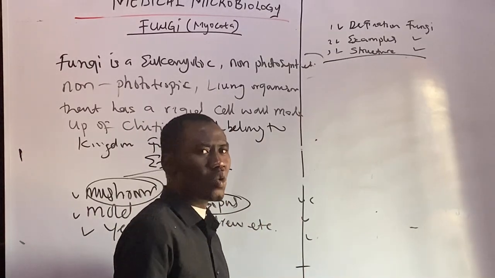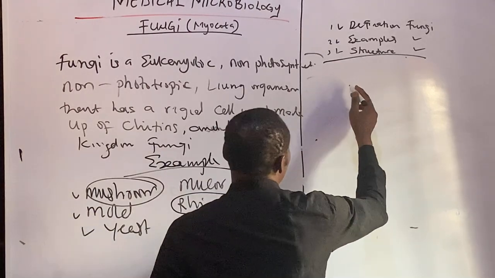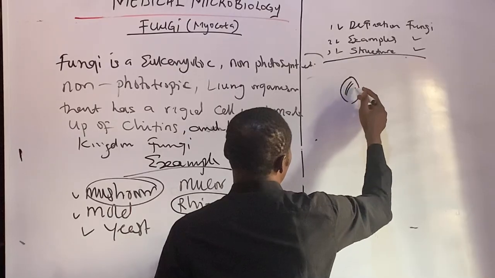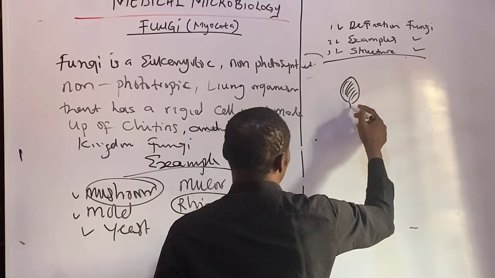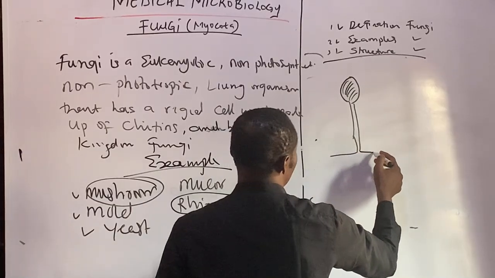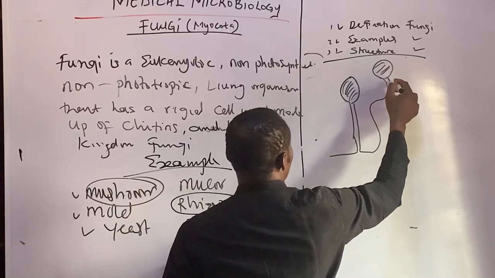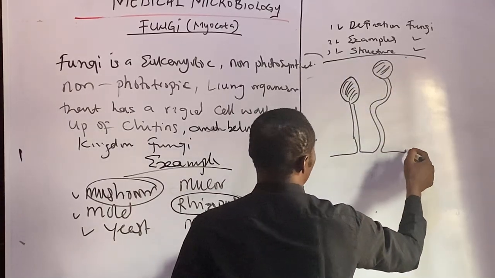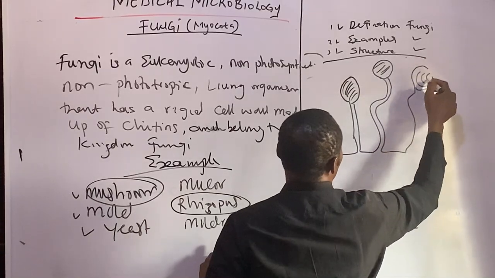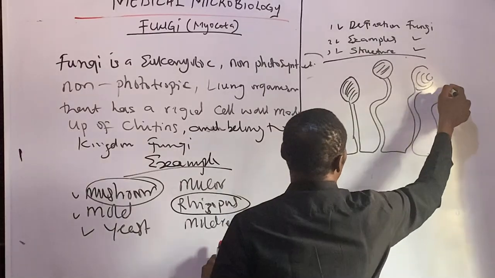Number one is to know that the rhizopus has a structure like this. All right, let me take it up again.